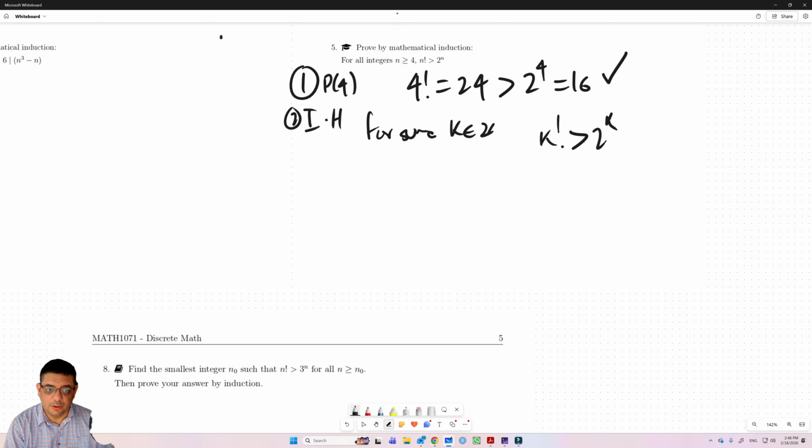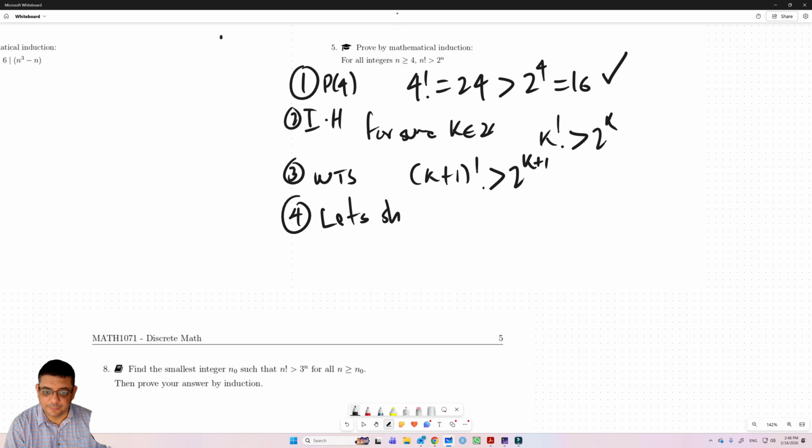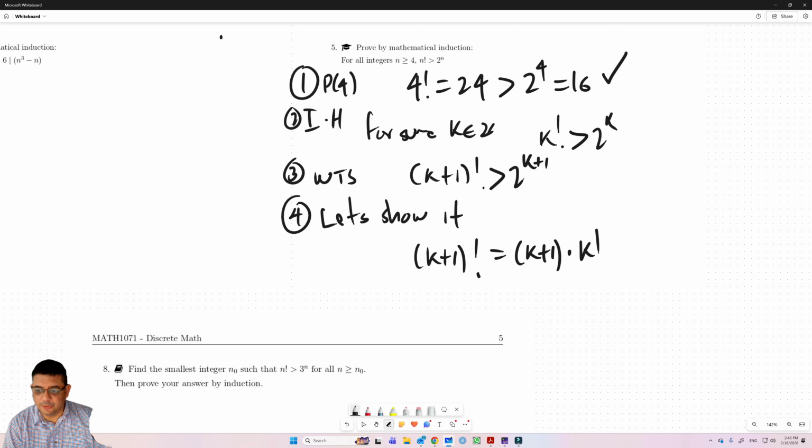Now, step 3, we want to show that k plus 1 factorial is bigger than 2 to the k plus 1. And so step number 4, let's show it. So we start from one side. So we're going to start from k plus 1 factorial. But of course, I have information on k factorial. So I'm going to see this as k plus 1 times k factorial.